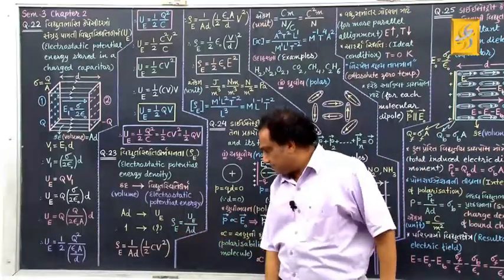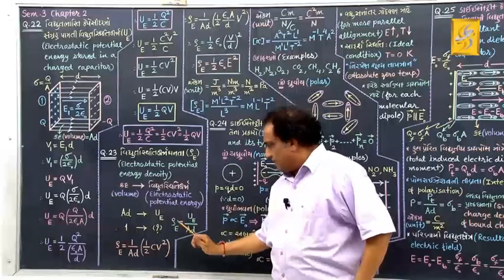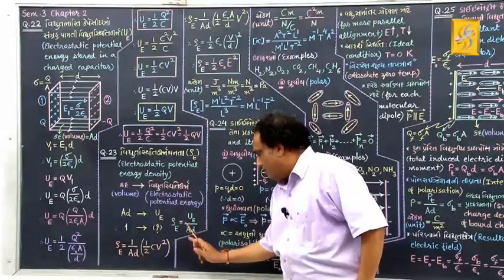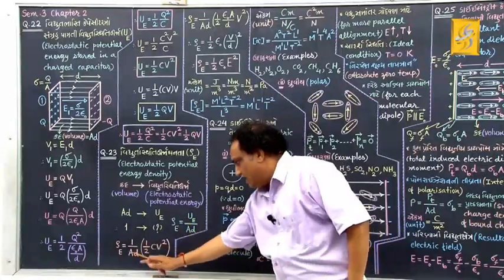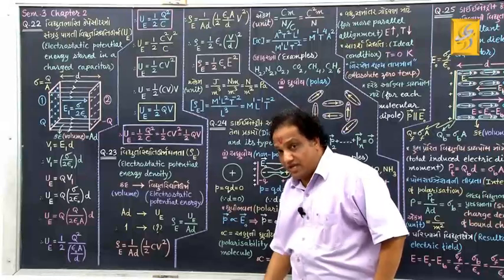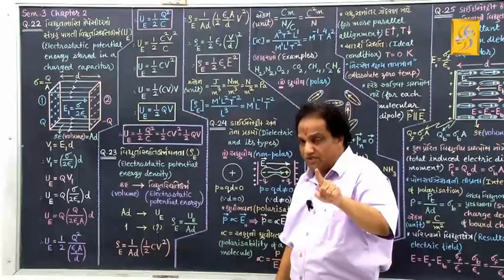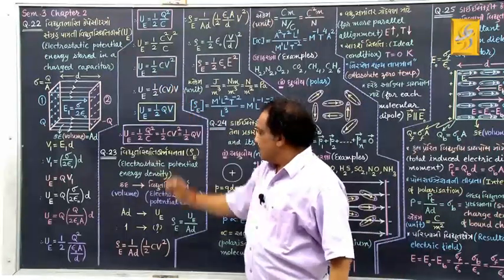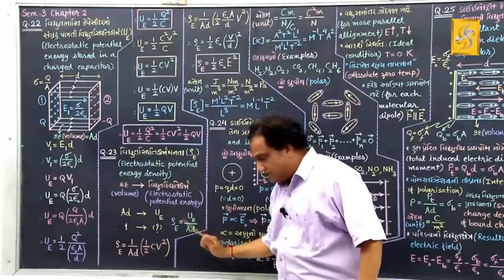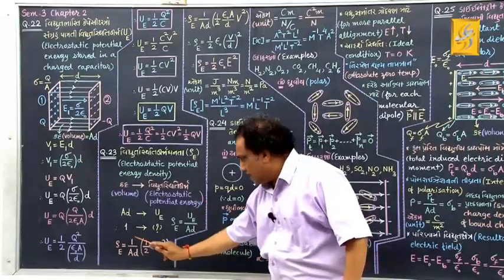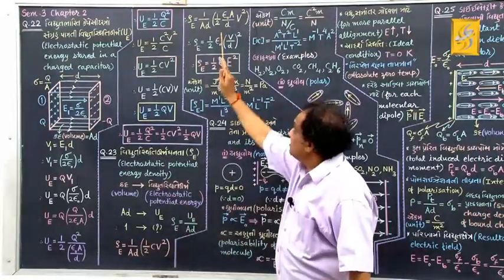Correct? Fine. Now tell me, this rho E I have written as it is. Now 1 upon A into D as it is, correct? But what was the formula for UE? Come on, one of the formulas was 1 by 2 CV square. UE is 1 by 2 CV square, correct? Now 1 upon A into D as it is, just check it.